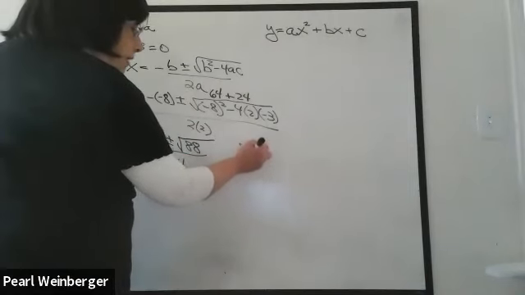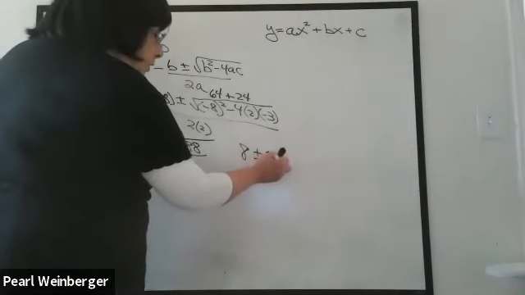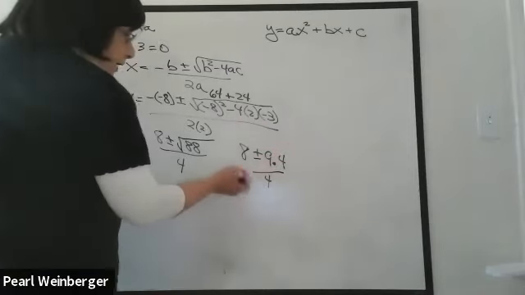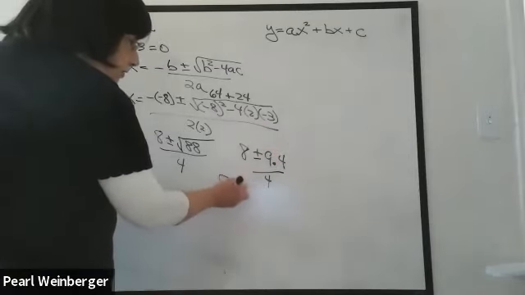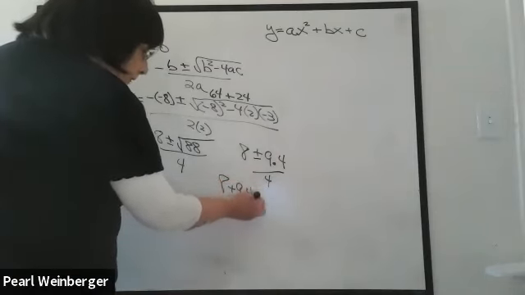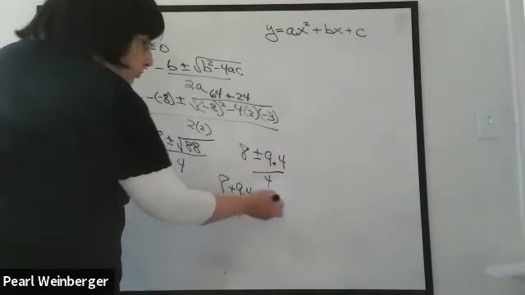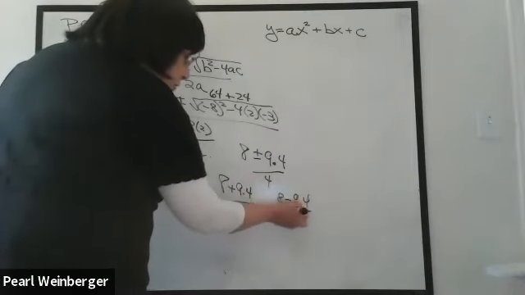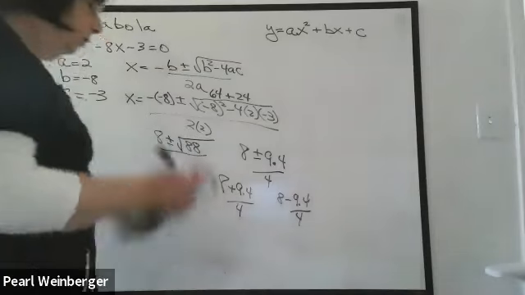So this becomes 8 plus or minus 9.4 over 4. And my two answers are 8 plus 9.4 divided by 4 for one answer, 8 minus 9.4 divided by 4 for my other answer.